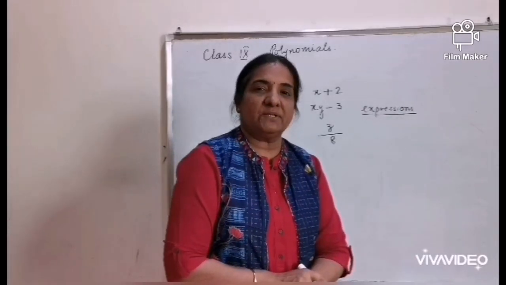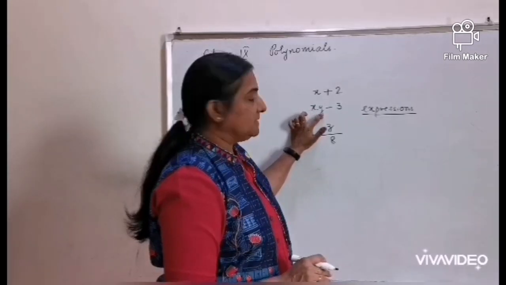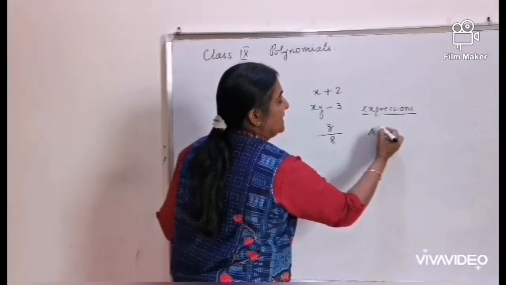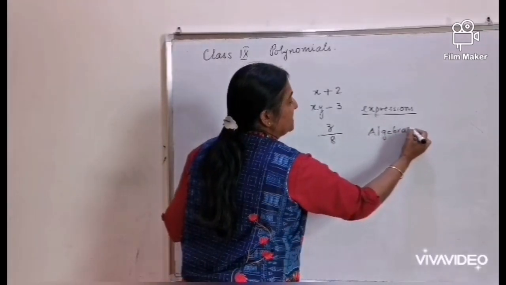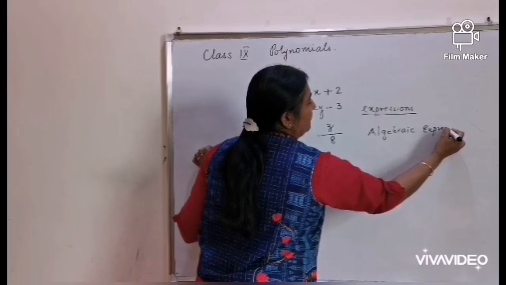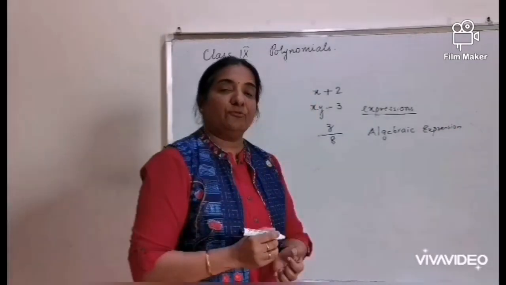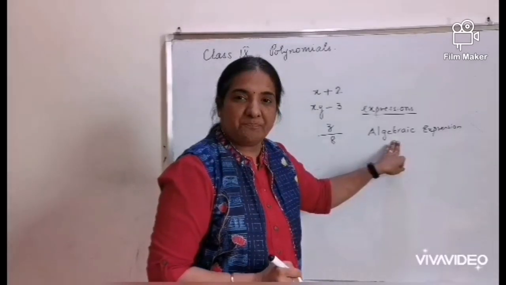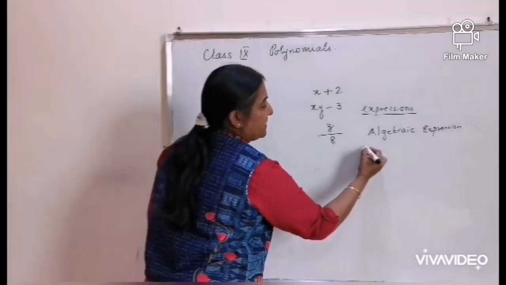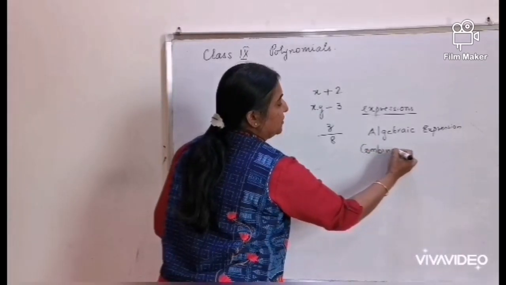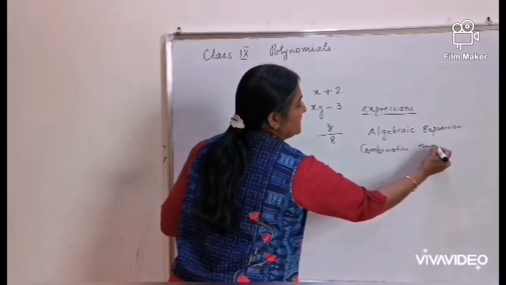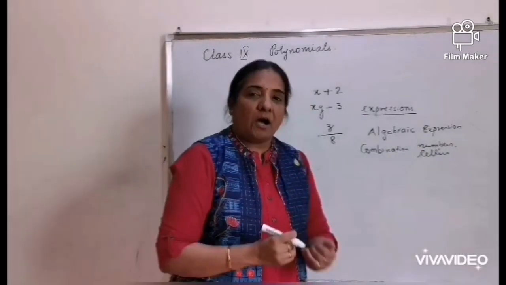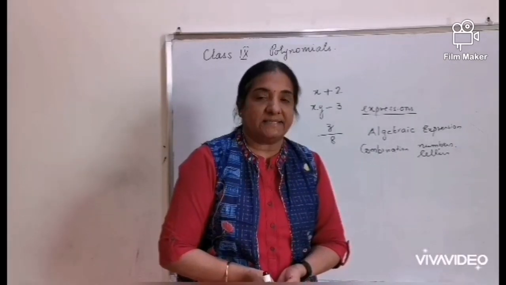The expressions with letters and numbers are called algebraic expressions. Therefore, what is an algebraic expression? An algebraic expression is a combination of numbers and letters. And how are these numbers and letters connected?